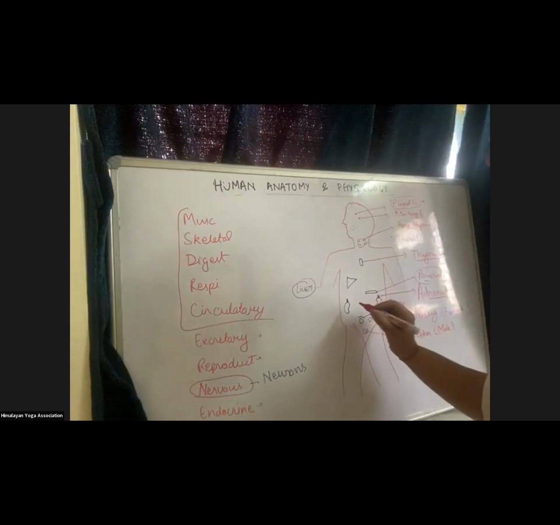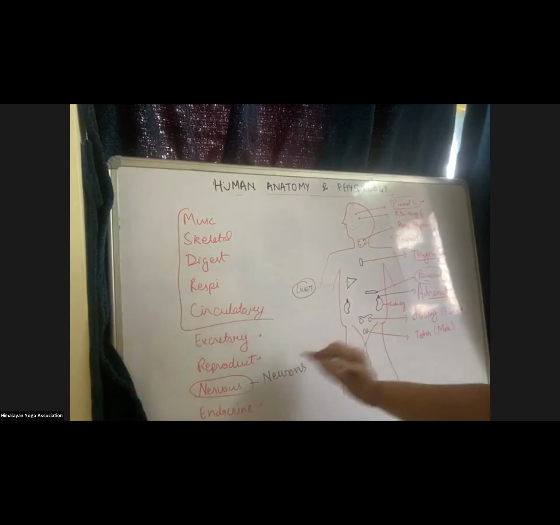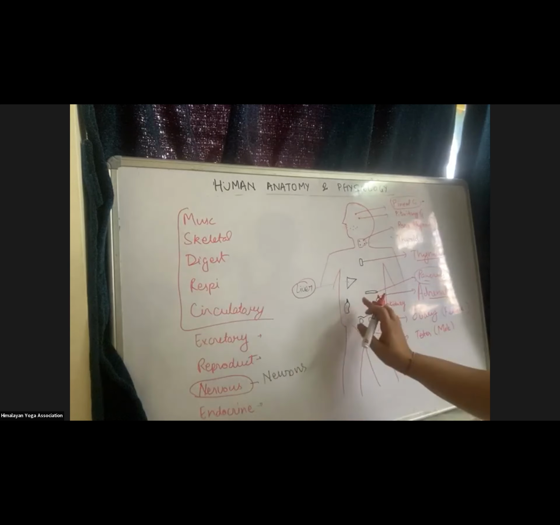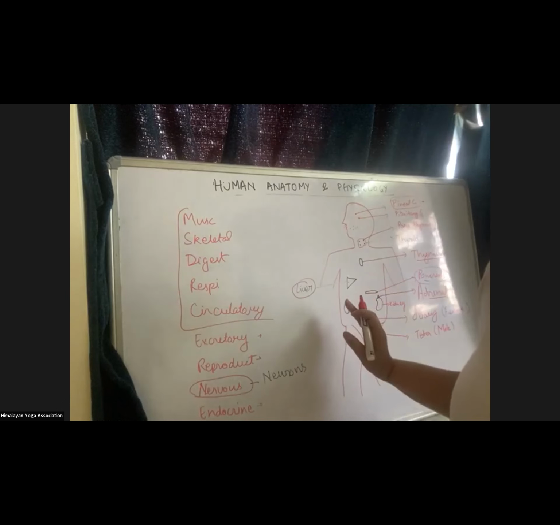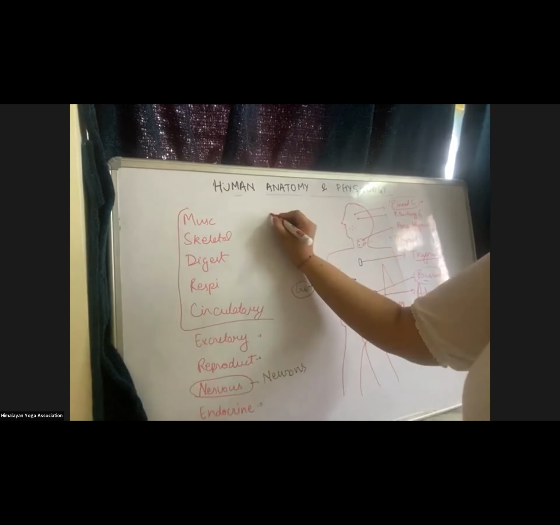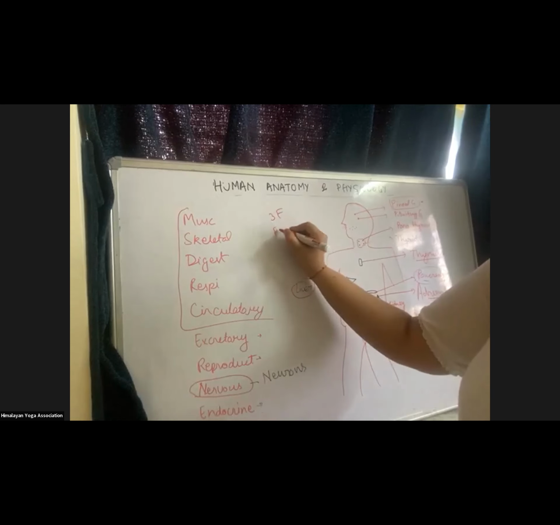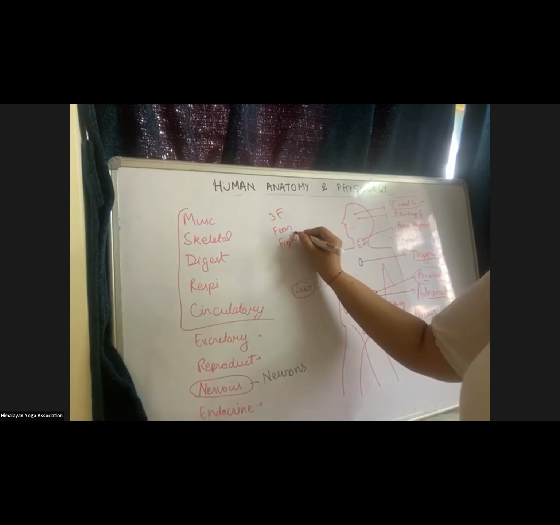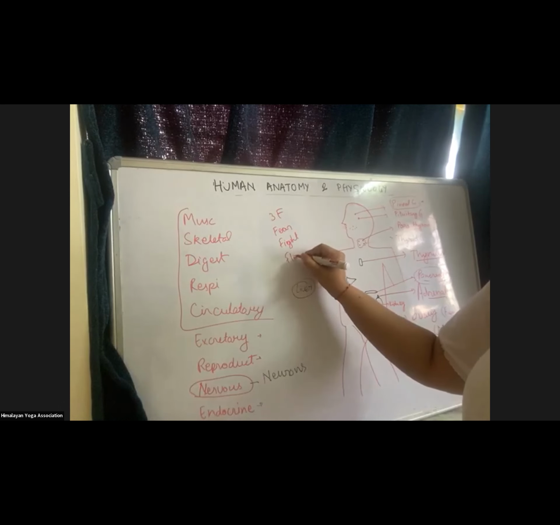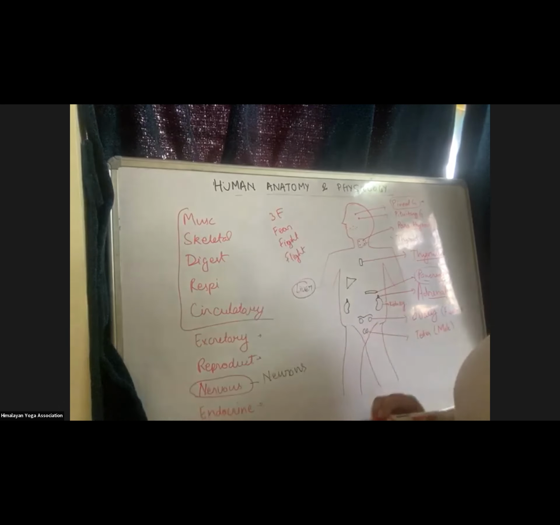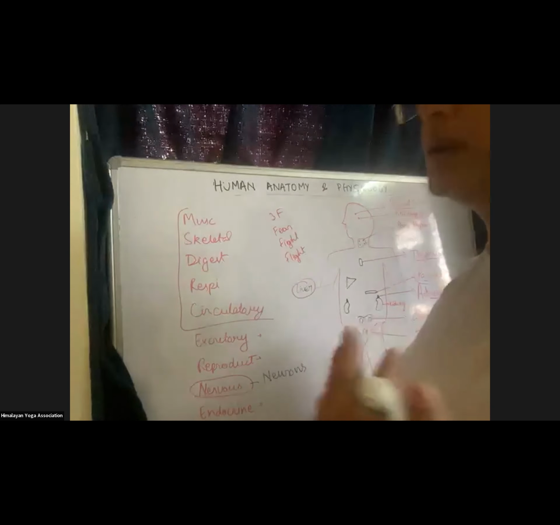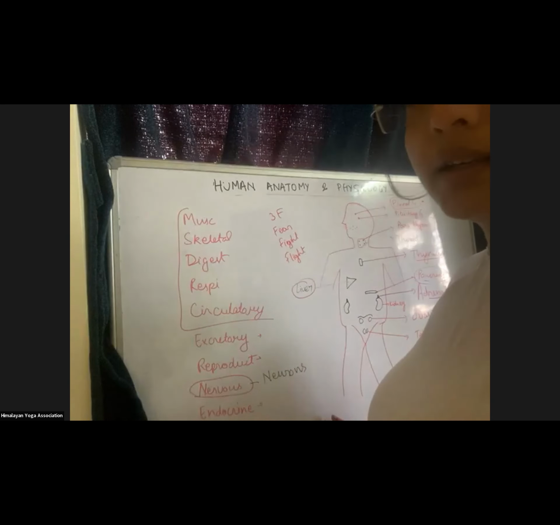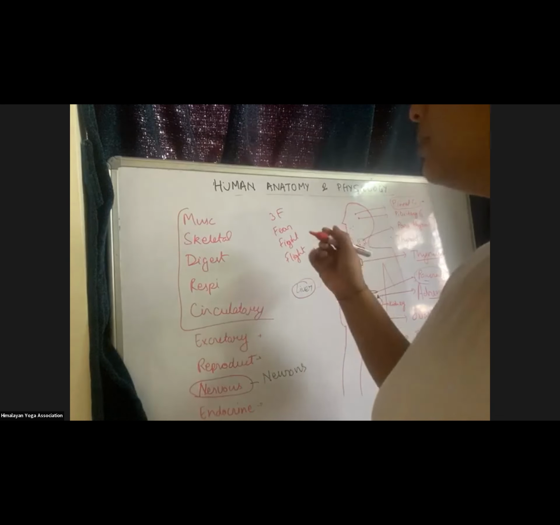Then kidney. It is a part of endocrine system, but on top of kidney we have a pair of glands, that is adrenal gland. You have heard of 3 F's: fear, fight, and flight. If suddenly a lion comes in front of you, there can be 3 situations.